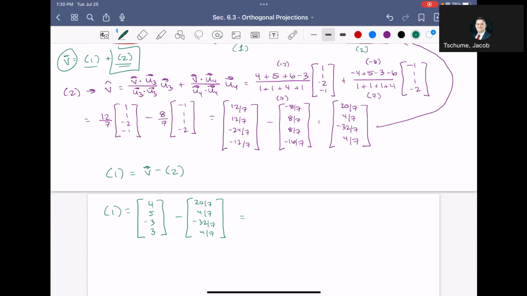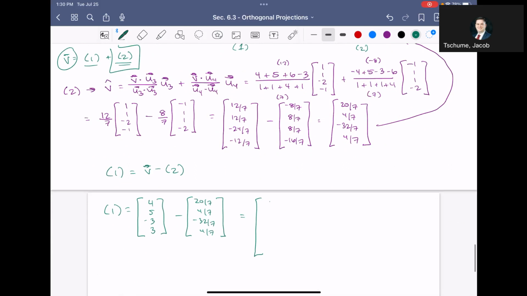So doing some arithmetic here, and you can double check me with your calculator if you need to. Let's see, 4 minus 20 sevenths is going to be 8 sevenths. Right? 5 minus 4 sevenths would be 31 sevenths. And then let's see, that's going to be negative 21 plus 32.